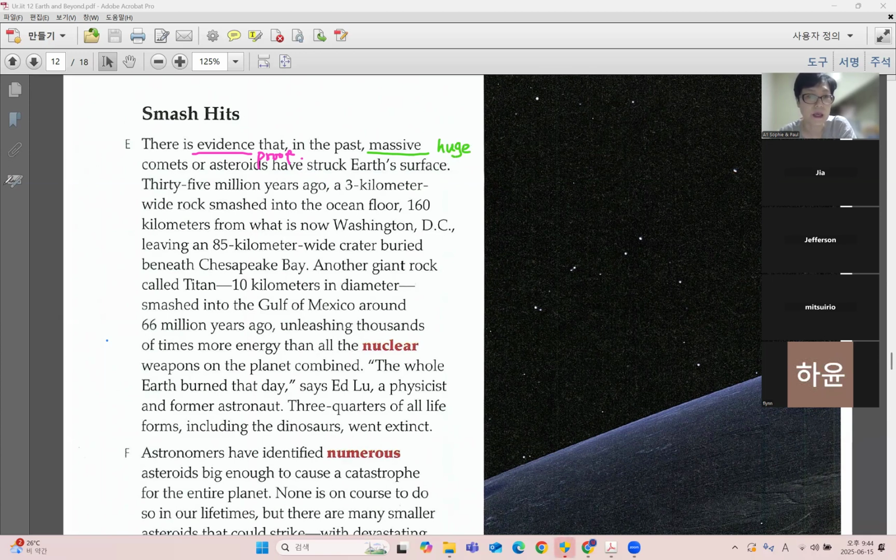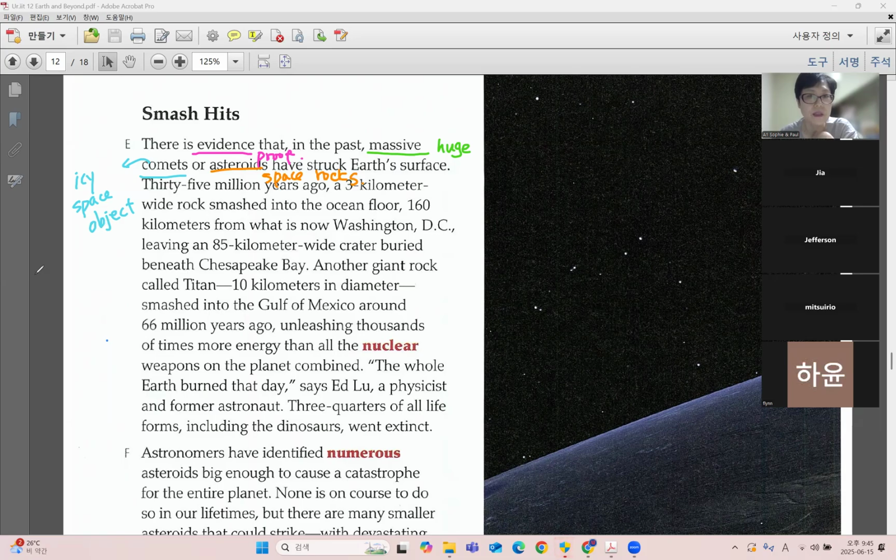Comets again. What are comets? Space rocks, icy objects. And asteroids? Space rocks.